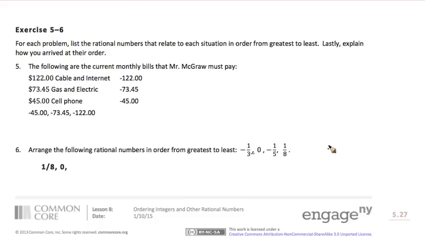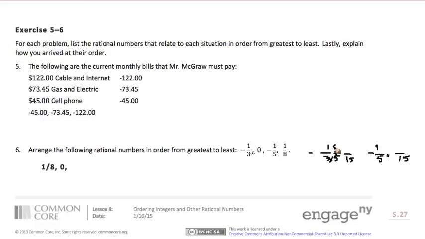So if I take -1/3 and -1/5, the common denominator for 3 and 5 would be 15. And then I'll need to determine what I do to the original denominator to get 15. And I multiplied 3 by 5 to get that.